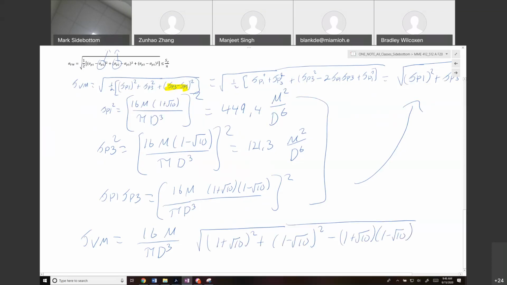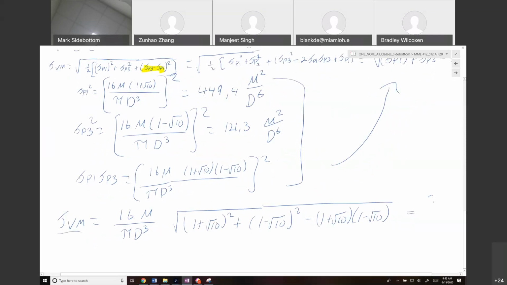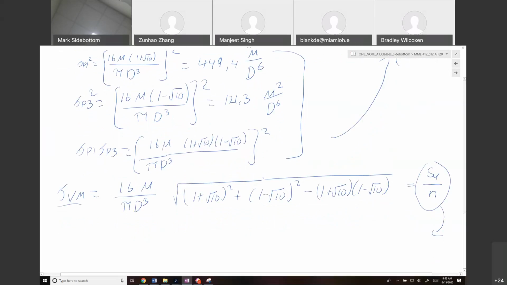All right, and we know that when the von Mises stress is equal to the yield strength divided by n, we have failure of our component. So we know the yield strength and we know n, so we can then rearrange the equation to solve for our diameter cubed.